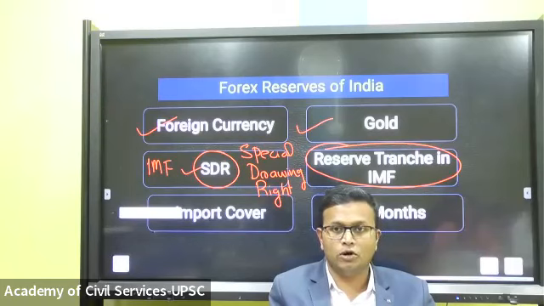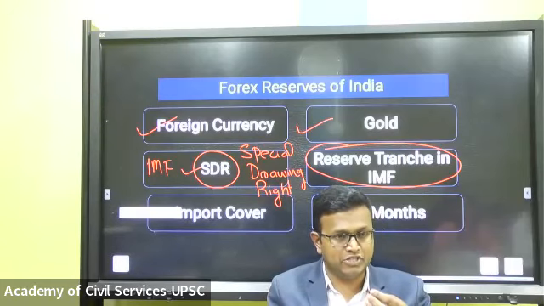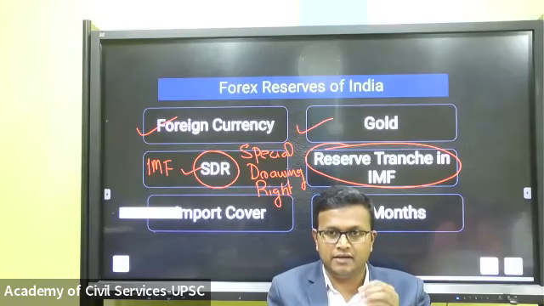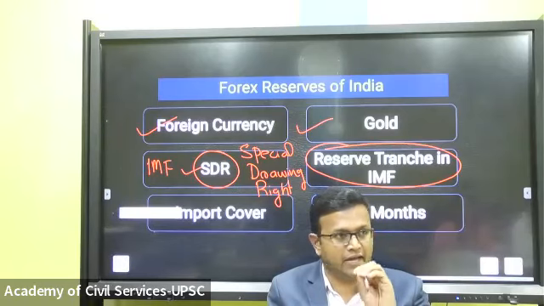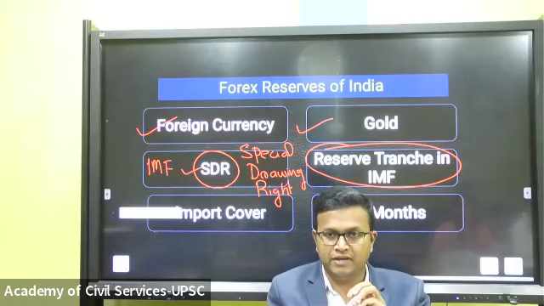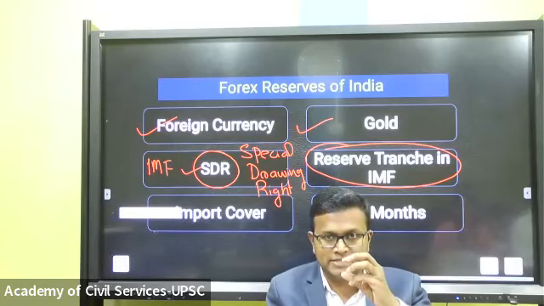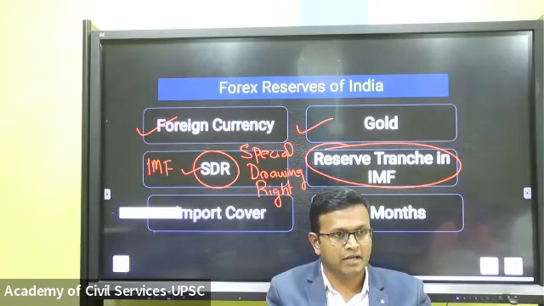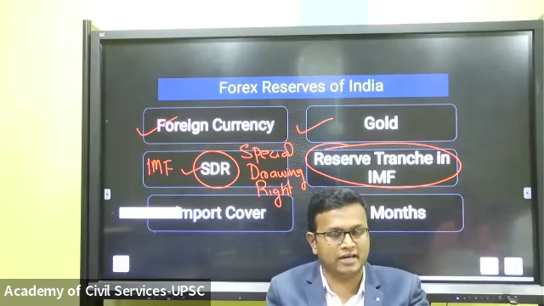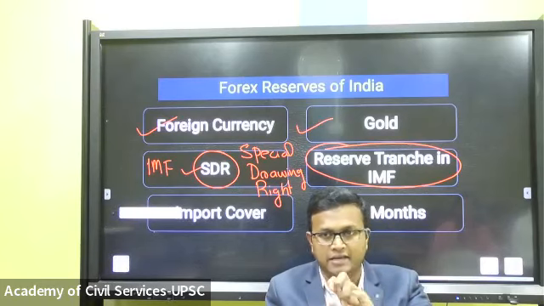That was called the gold tranche with IMF. Exactly, the reserve tranche means that every country needs to pay a membership fee in the IMF. That membership fee will be different for every country's economic status. We are paying our membership fee in US dollar or any foreign currency, keeping that money with IMF.